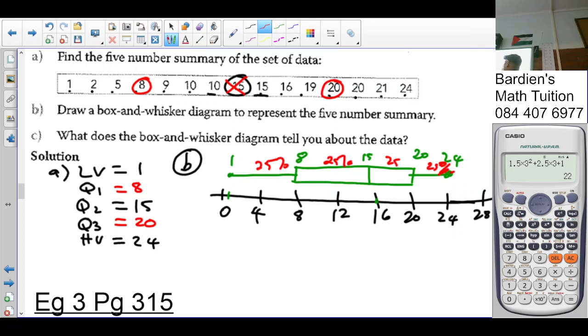Or you could have said 50% of the data is less than 18, or 50% is more than. Or you could have said that 25% of the data is less than 8 and 75% is more than 8. You guys understand it?